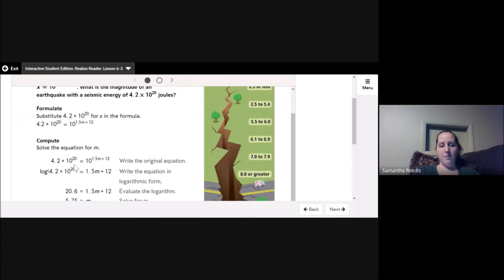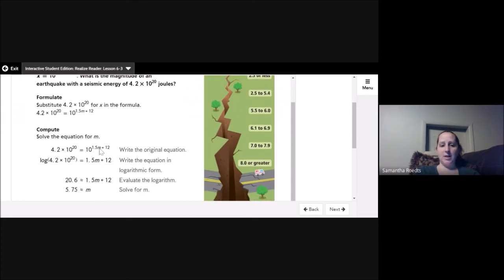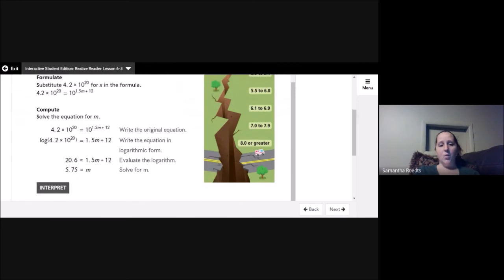Okay, so 4.2 times 10 to the 20th equals 10 to the 1.5 M plus 12. I need to get this M by itself. Remember, base 10, so I can take the log of both sides. So log of 4.2 times 10 to the 20th equals 1.5 M plus 12, which, using the calculator, gives me approximately 20.6 equals 1.5 M plus 12.